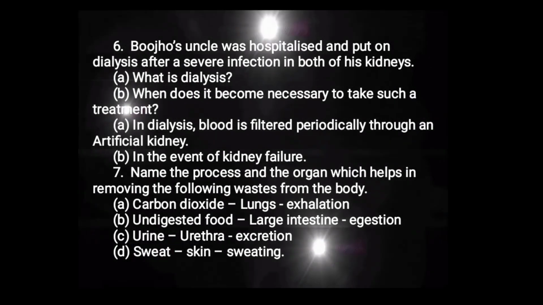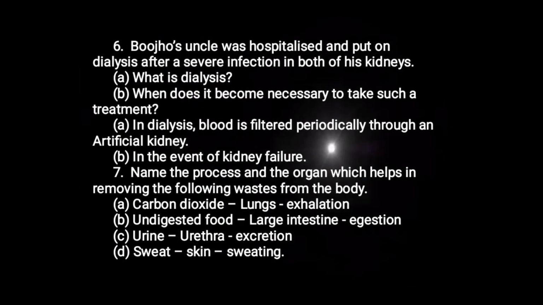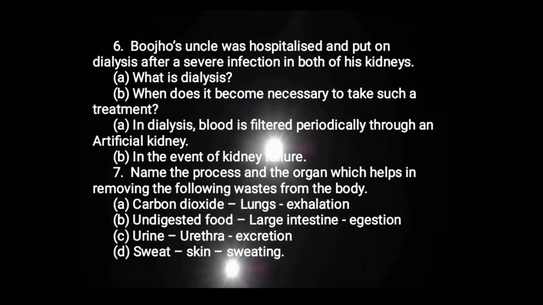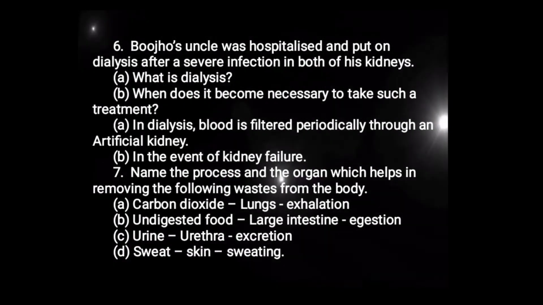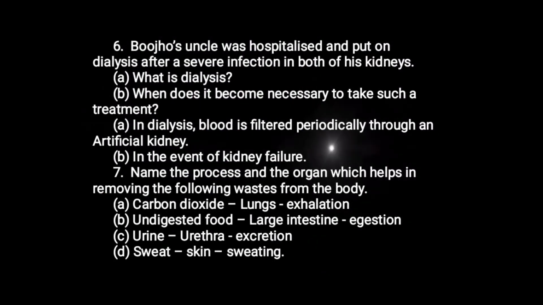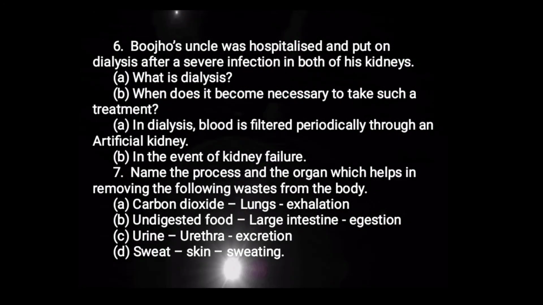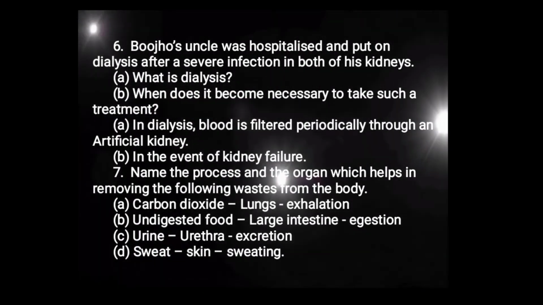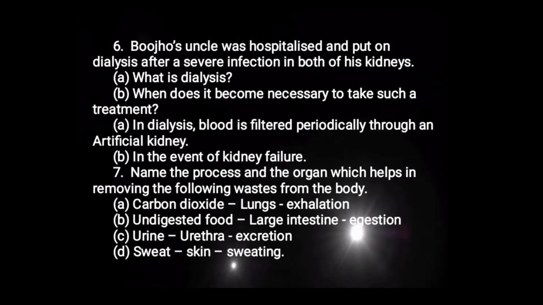Okay? And B, undigested food. It means the food which is not digested, which becomes waste. Right? Which part helps to get rid of it? It's the large intestine. By the process called egestion, we get rid of the undigested food from our body. And C is urine.